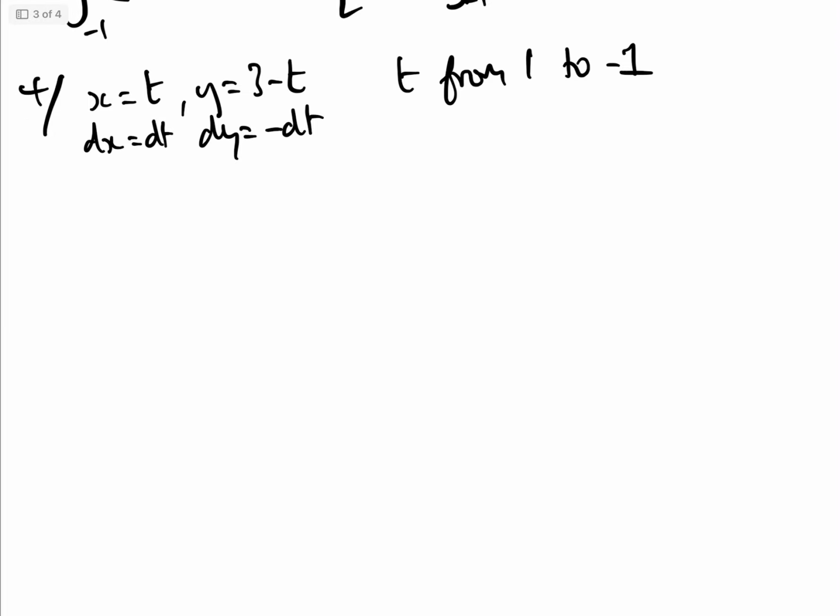Okay, so that's what we need to do. So our line integral now will be the integral from 1 to minus 1 of 3 minus t.